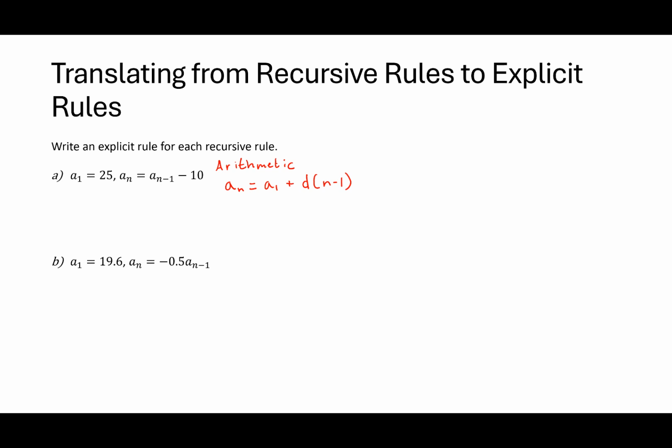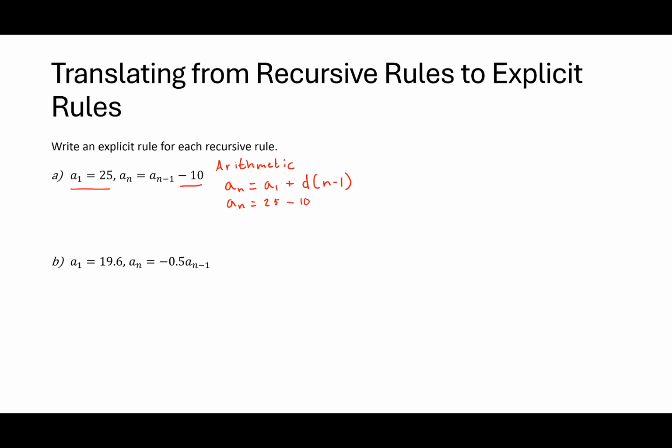All right, so let's see if we can find some of those values here. Well, a sub 1, they told us right out. So great, I know that's going to be a 25. Plus, now I need to find the common difference. Well, the difference is right there. They told us. What do we do every time? We minus a 10. So I'm going to go ahead and change this rather than plus d.